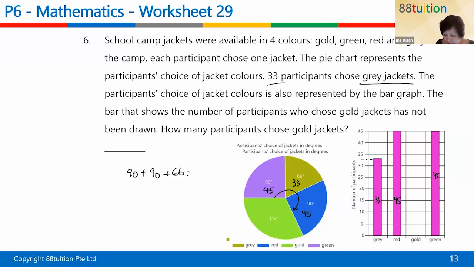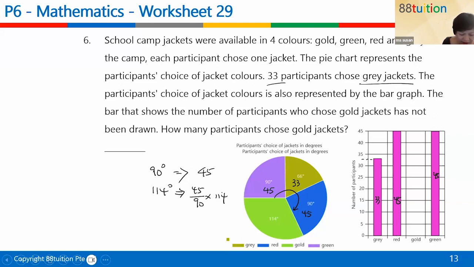Because 90 degree is equal to 45 jackets. So if this is 114 degree, it will be 57 for the answer here.